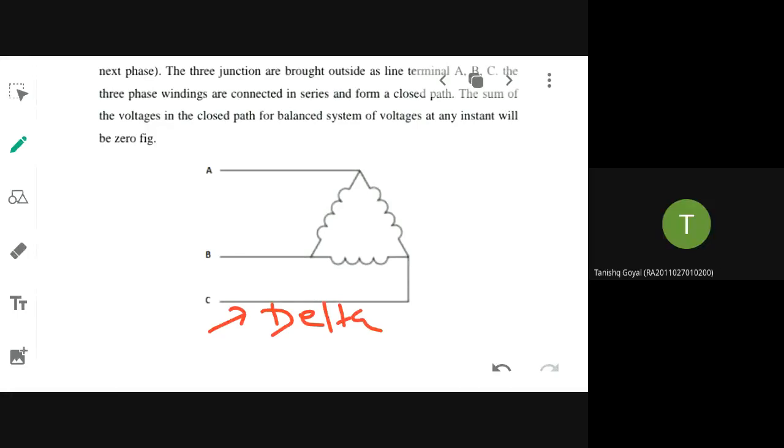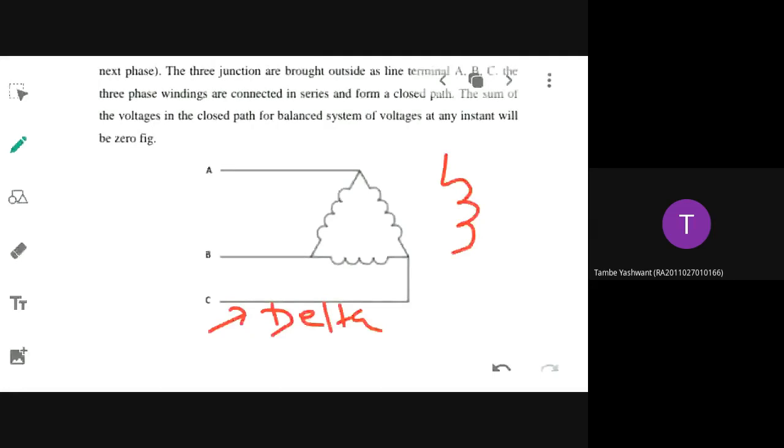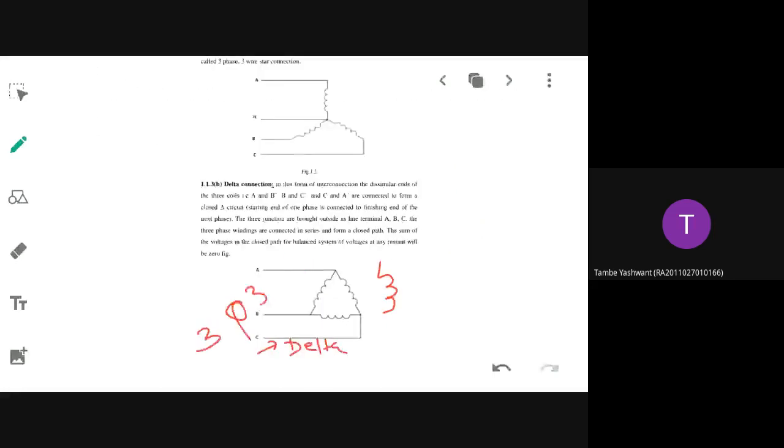Is this 3-phase 3-wire or 3-phase 4-wire? 3-phase 3-wire. So the name of the connection is delta connection.